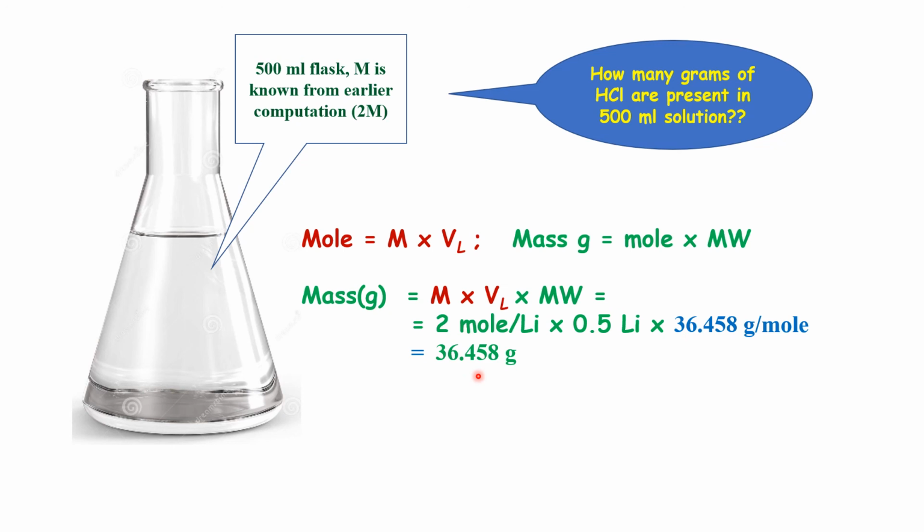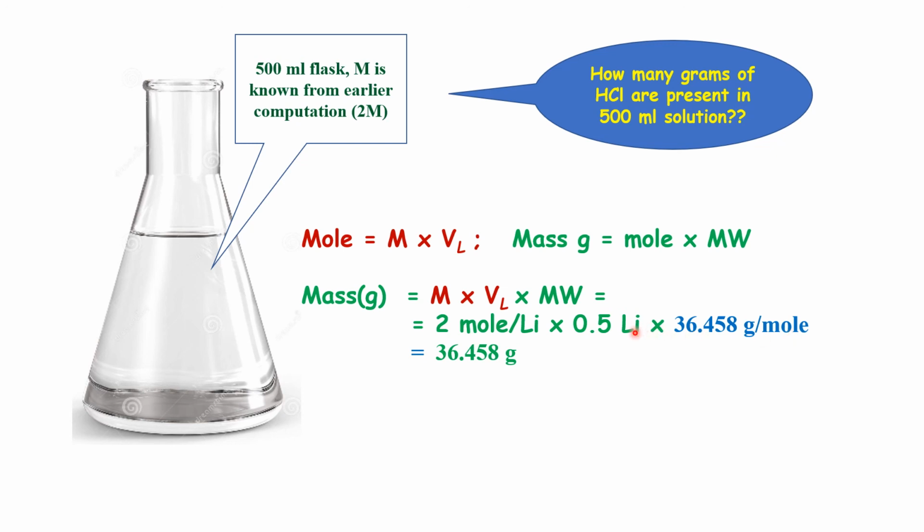Okay. Tingnan natin if our computation is correct, tama din yung ating unit. Remember, we are trying to determine mass in gram. How many grams? Kasi yung problem natin, how many grams? Okay, so if our computation is correct, we will end up with gram unit in our final result. Tingnan natin. Yung mole na to will cancel out kasi ito nasa numerator, will cancel out with the mole here in the denominator.